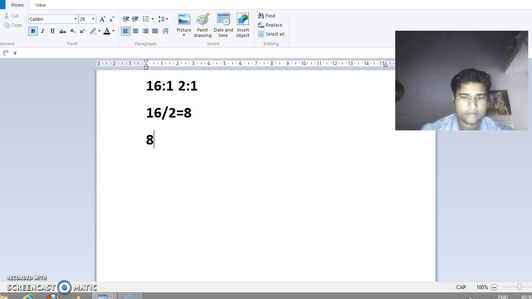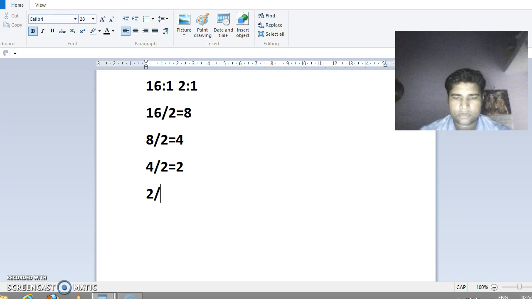Now 8 divide by 2 equal to 4. Leave it. 4 divide by 2 equal to 2. Leave it. 2 divide by 2 equal to 1. Now further we cannot divide.